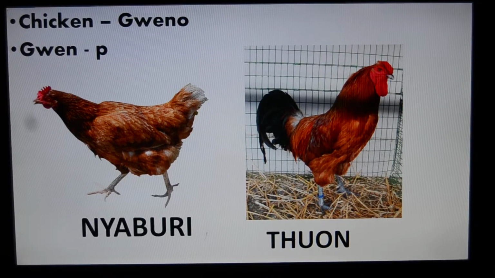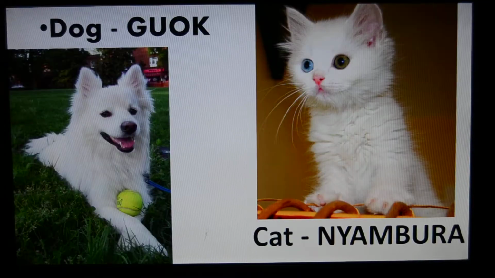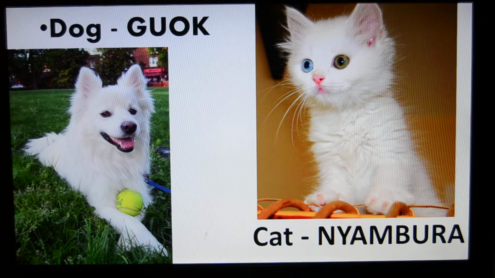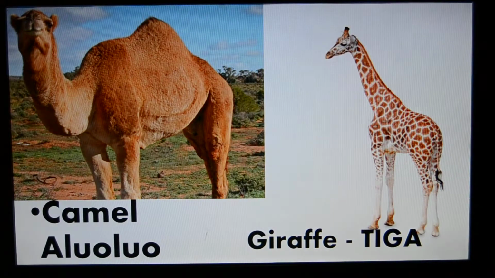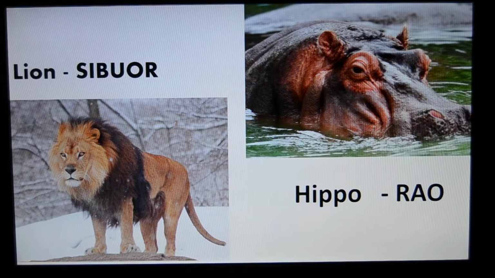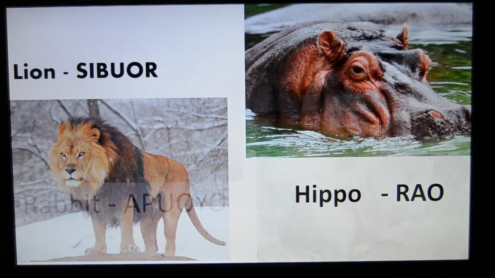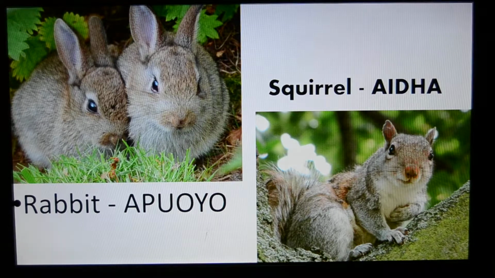Nyaburi, thuon. Guok, nyambura. Aluoluo, tiga. Sibuor, rao. Apuoyo, aidha.